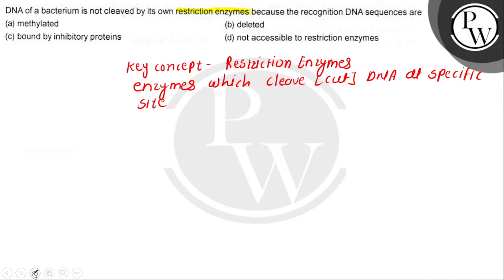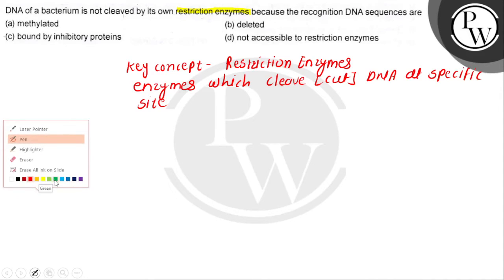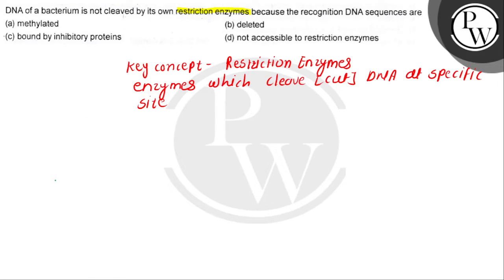These restriction enzymes are widely used in rDNA technology or recombinant DNA technology. Some examples of these restriction enzymes are EcoR1, Haemophilus influenzae, Bacillus aeruginosa.